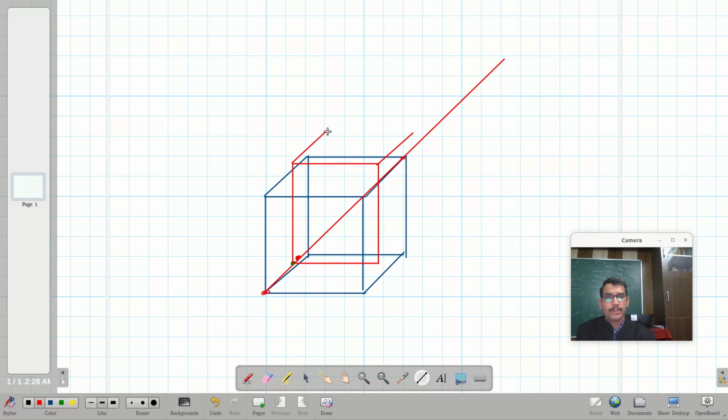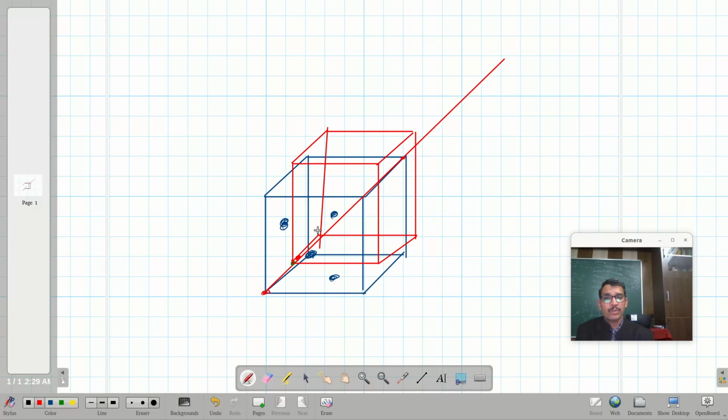This way, this way, and this way. It is this way, right? So that means one atom is placed at this center, one atom will be here, another will be at this face, another atom at this face, and another atom at this face.